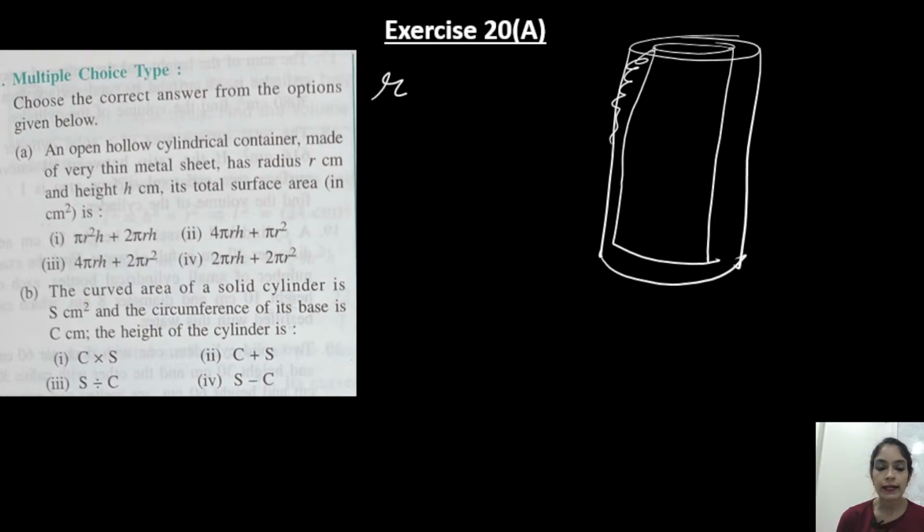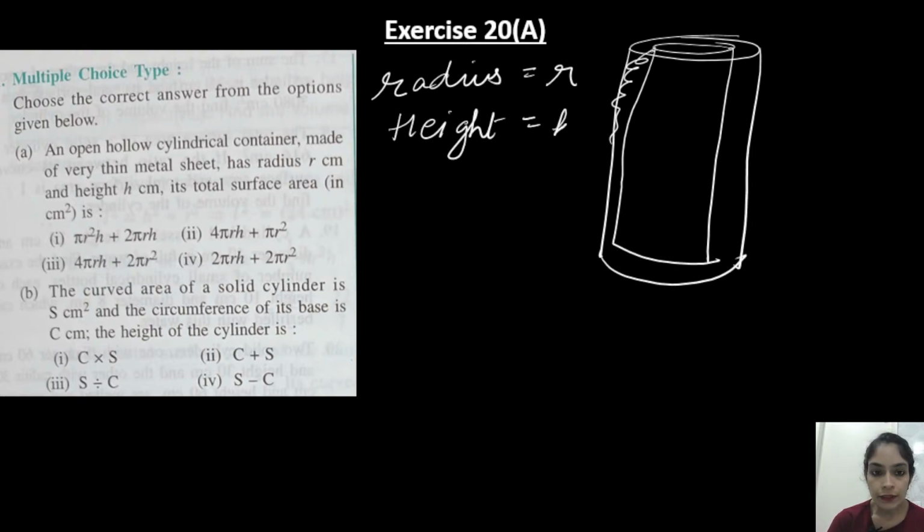So first of all we'll write the given things. Radius is equal to R. Then height is equal to H. Then its total surface area we have to find. So this is an MCQ. One very important thing I'll tell you regarding surface area.